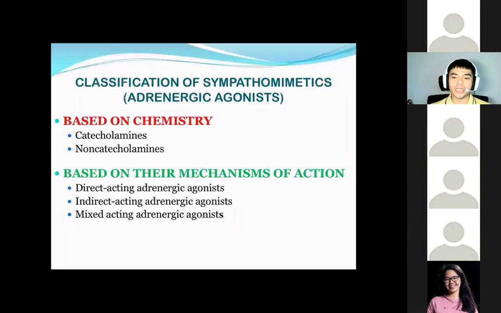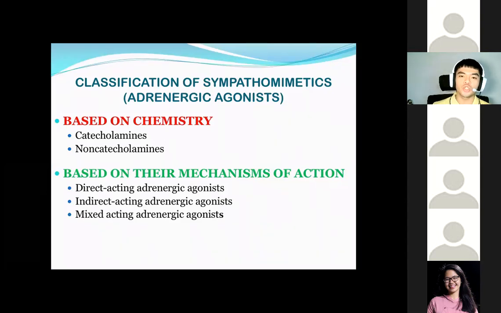We have two major classifications of sympathomimetics, and that is based on chemistry and also based on the MOA or mechanism of action. When we say based on chemistry, that tells something about the structure of the adrenergic agonist. We have catecholamines and non-catecholamines.